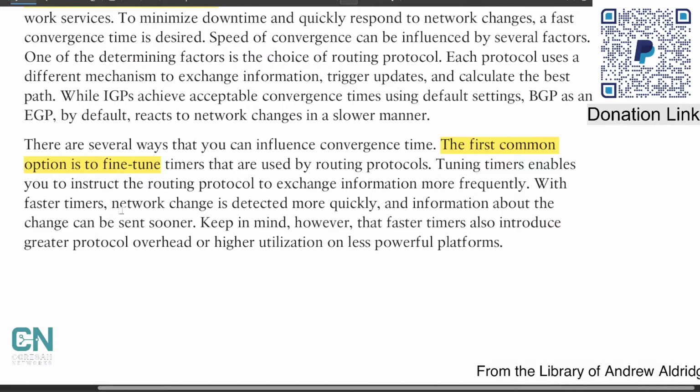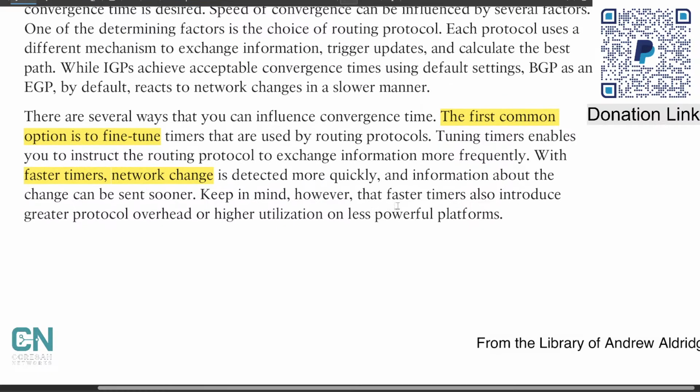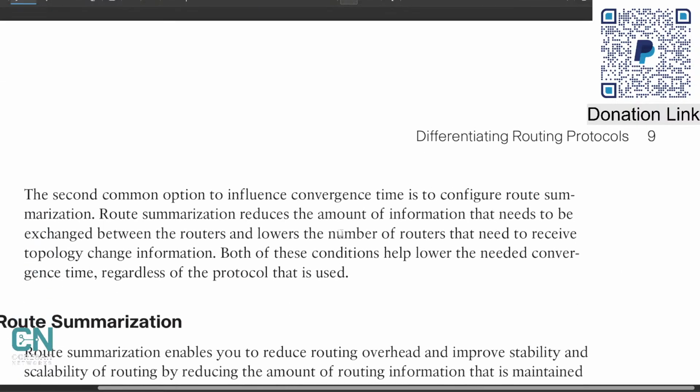With faster timers, a network change is detected more quickly and information about the change can be sent sooner. Keep in mind, however, that faster timers also introduce greater protocol overhead or higher utilization on less powerful platforms.